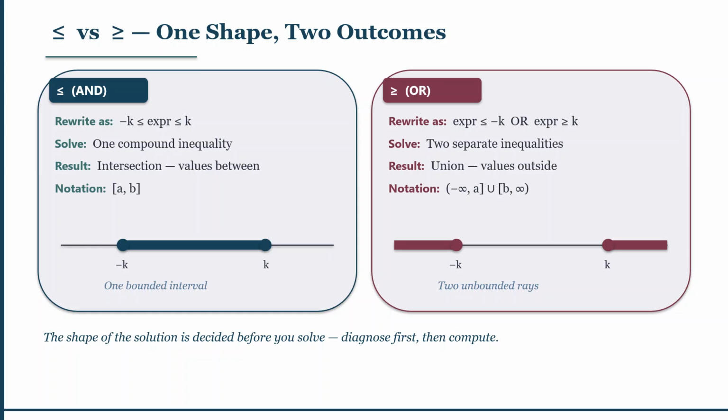If you shade the interval for less than or equal to, and then shade the rays for greater than or equal to using the same k, together they cover the entire number line. One is the inside of the interval, the other is the outside. If you can draw both shapes from memory, you have the entire structural framework for this lesson.